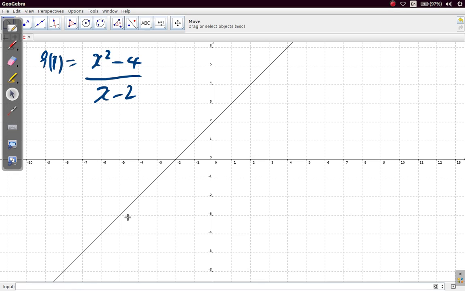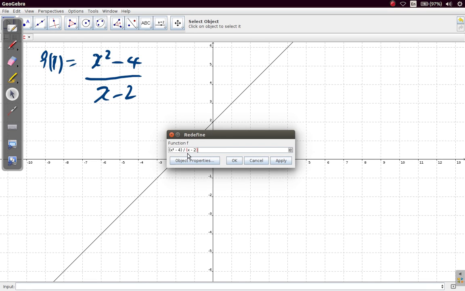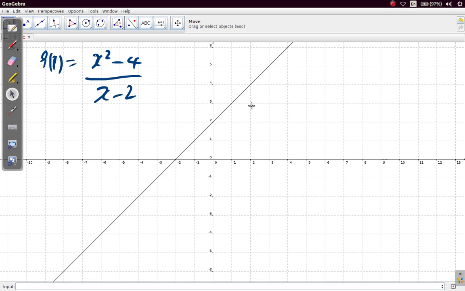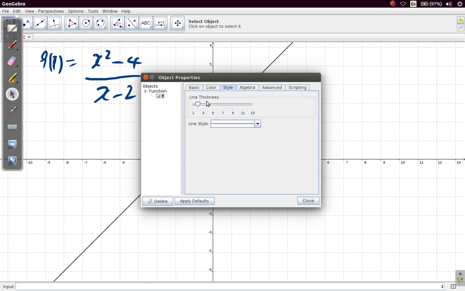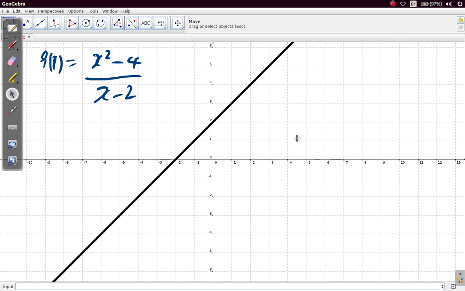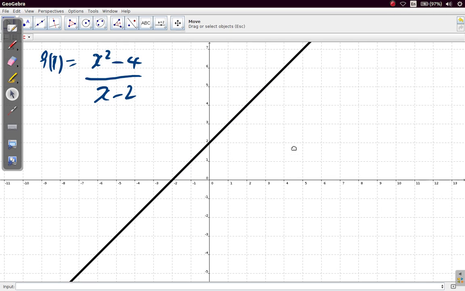Okay. So, this is the graph of x squared minus 4 divided by x minus 2. Let me make the line a bit thicker than it is now so we can all see it very well. So here we have this graph.